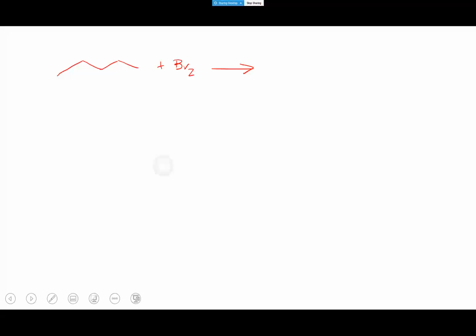So if I replace any of the hydrogens on the CH3 here, what am I going to get? I'm going to get 1 bromopentane. What if I replace one of the hydrogens over here on this methyl at the end? I'm going to get 1 bromopentane.